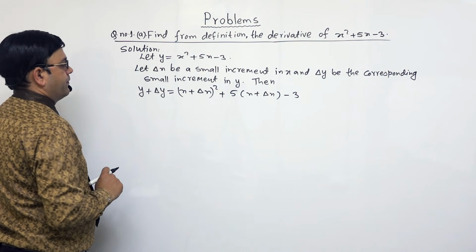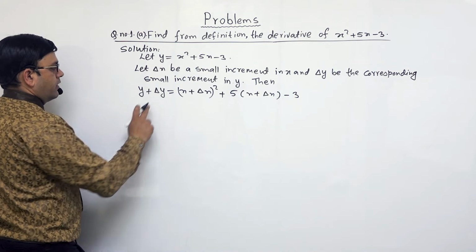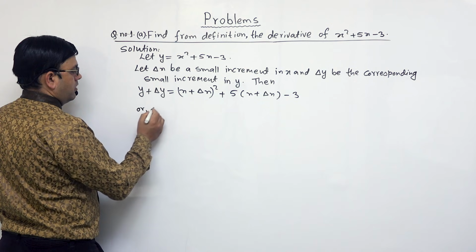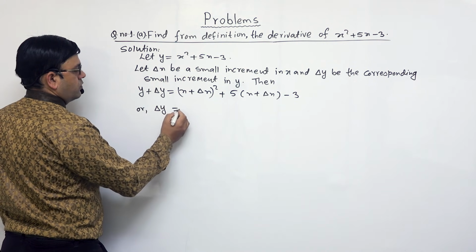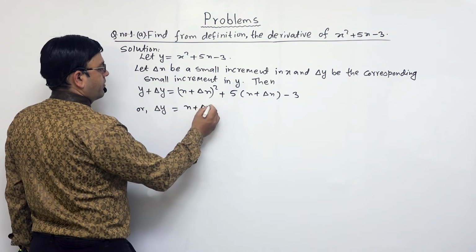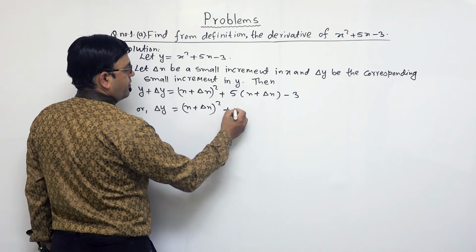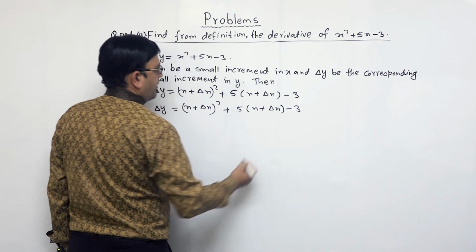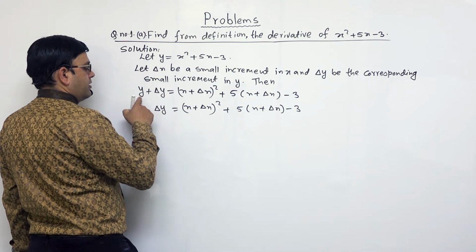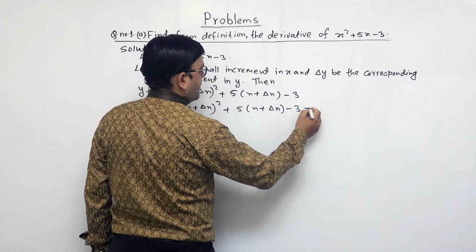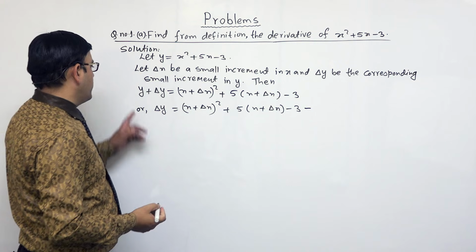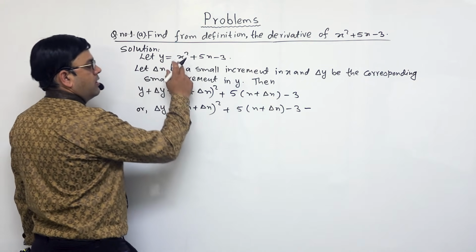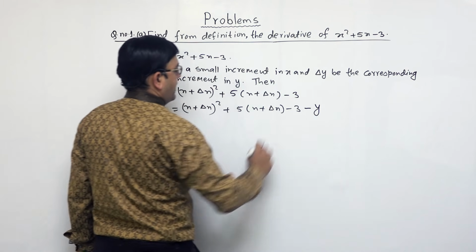Now here del y, we can write, del y is equals to x plus del x, this whole square, plus 5 times x plus del x minus 3, and then this y goes here, this is minus y. So minus y, हामीले यो y लाई यहाँ लाँदाखेरि minus y हुन्छ. यो minus y भनेको y भनेको हेर्नुस् त, त्यसकारणले हामीले चाहिँ, okay, we can write y at first here.